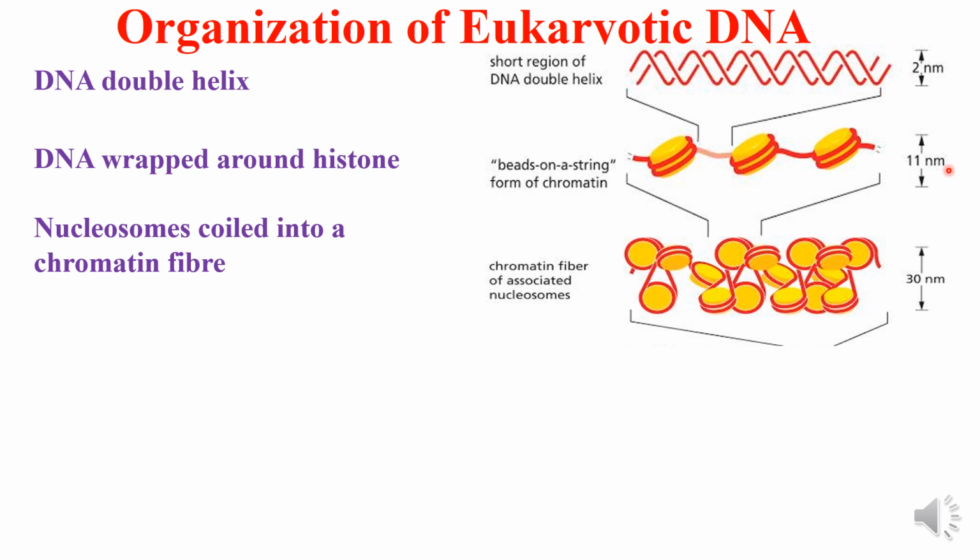After this, the 30 nanometer fiber is formed, and this is known as the chromatin fiber that is associated with nucleosomes. Nucleosomes basically coil into chromatin fibers. So what happens here is that the 10 nanometer fibril is supercoiled into a circular 30 nanometer fiber with 6 nucleosomes per turn.